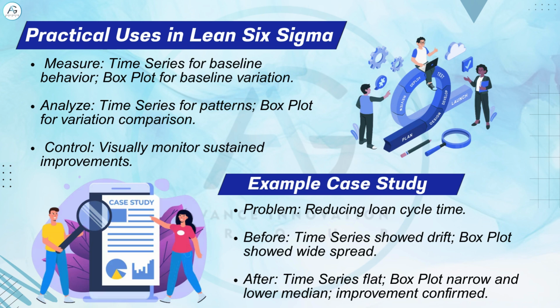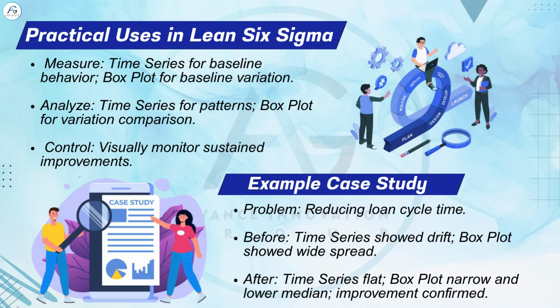In the analyze phase, time series plots help identify trends, shifts, or cycles, pointing to when something might have changed. Box plots are great for comparing variation and central tendency across different groups or process conditions.